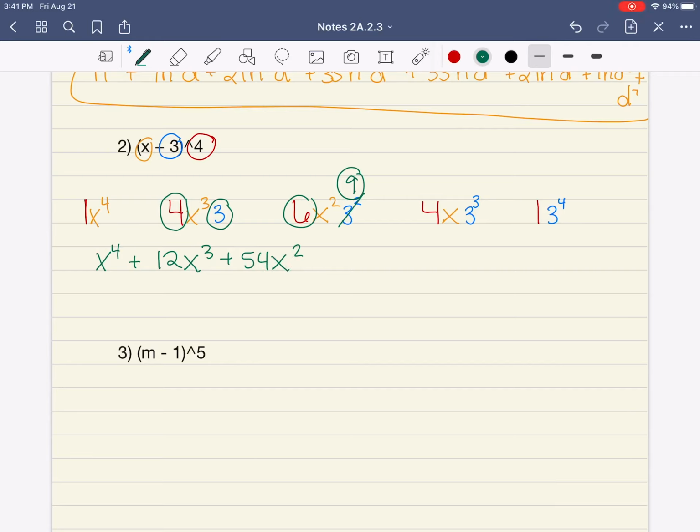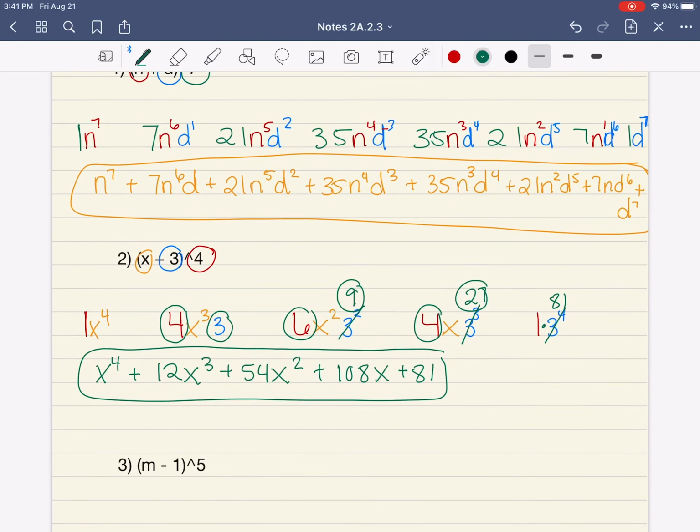Over here we have 3 cubed, which is 27, so I have 4 times 27, so this one is plus 108x. And then this last one is just 1 times 3 to the 4th, which is 81, so it's just plus 81. And then that would be my final answer.